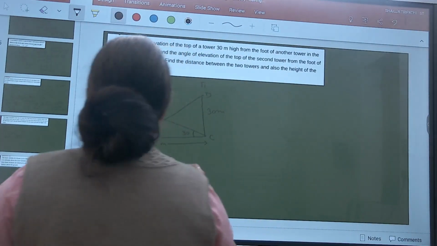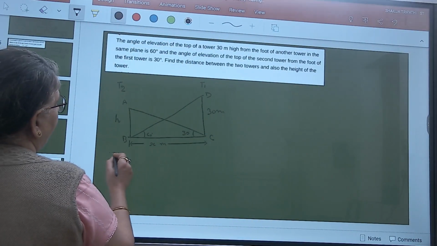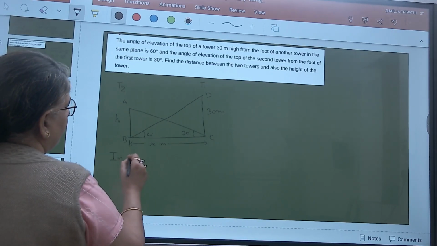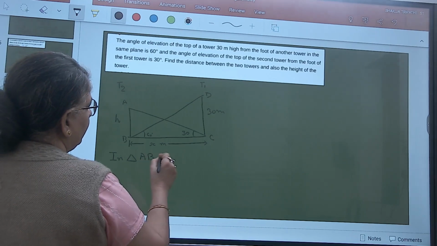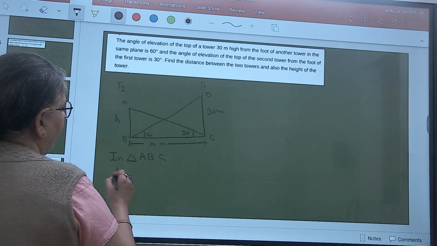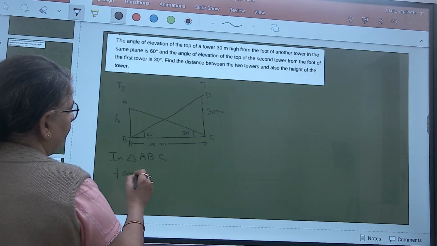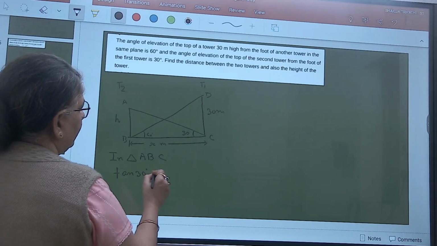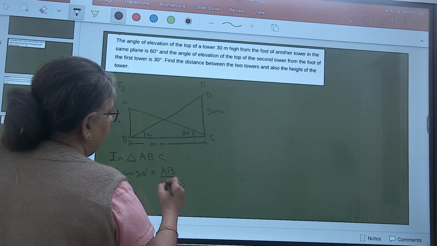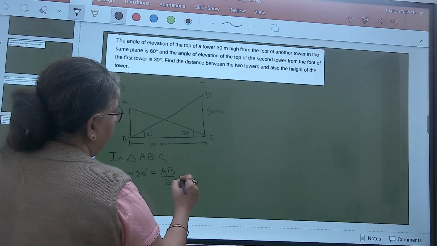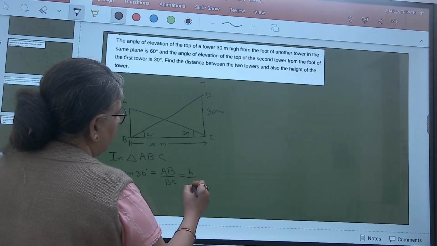Okay, let's solve this question. In triangle ABC, we can write tan 30 degree is equal to AB upon BC. AB is h and BC is x.